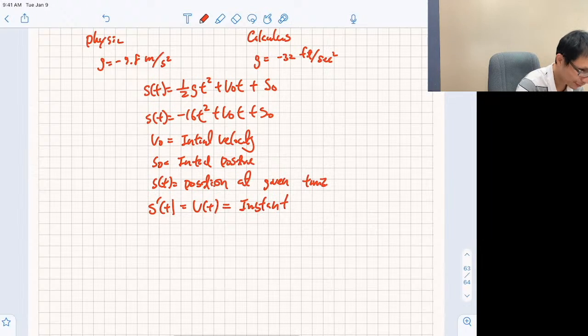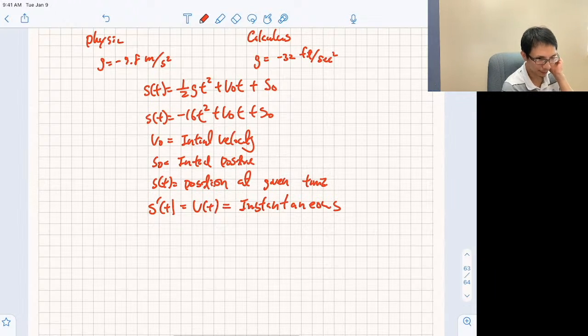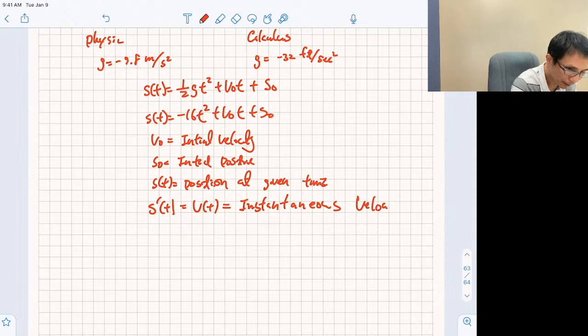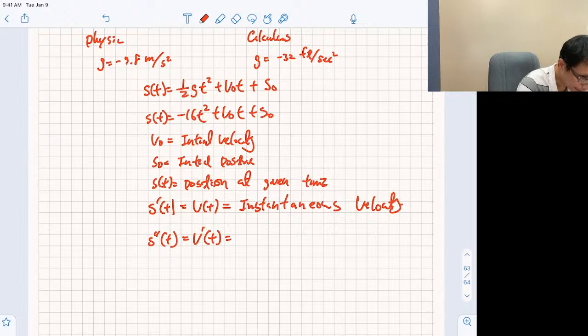How do you spell the rest of it? A-N-E-O-U-S. Such a hard word to spell. So instantaneous velocity here. And what if you take a derivative again? So that's going to be v prime of t, and that's equal to acceleration.